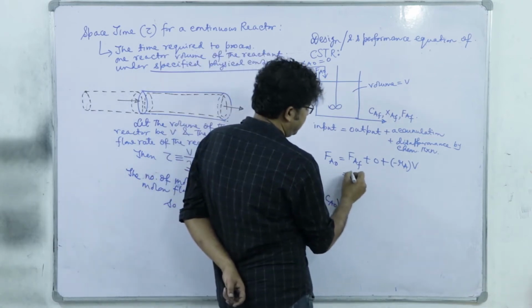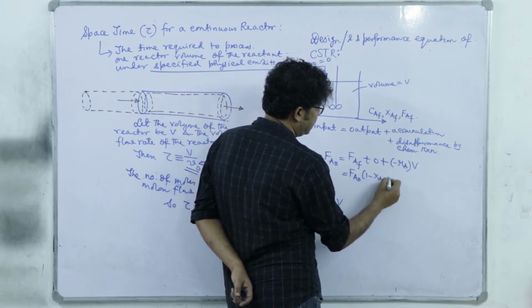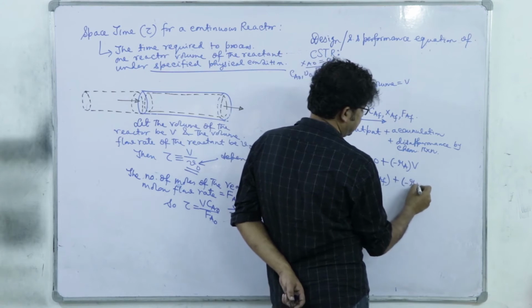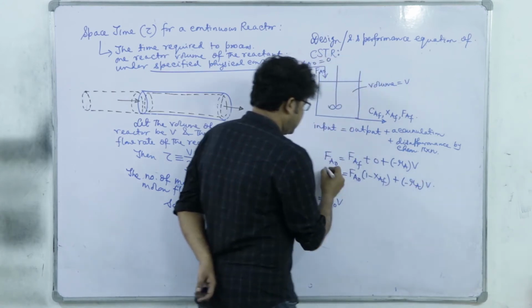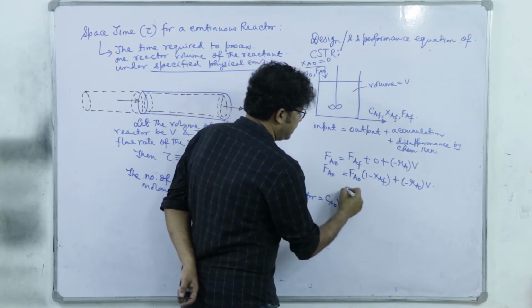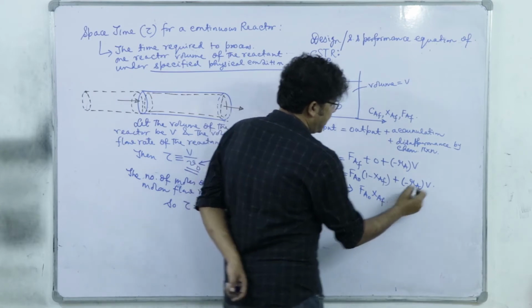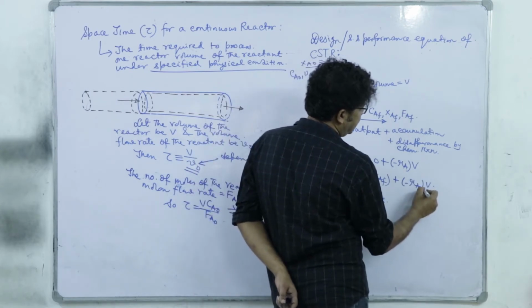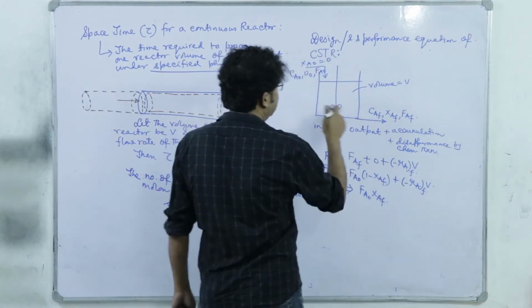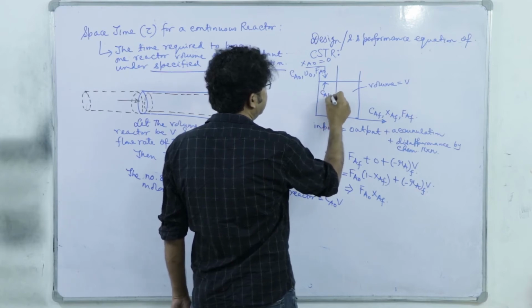Now, FAF we can write as Fa naught into 1 minus XAF, molar flow rate. So, we have Fa naught into XAF equal to minus Ra into V, and what is Ra at? At final concentration, because everywhere in this the concentration is CAF, even here.